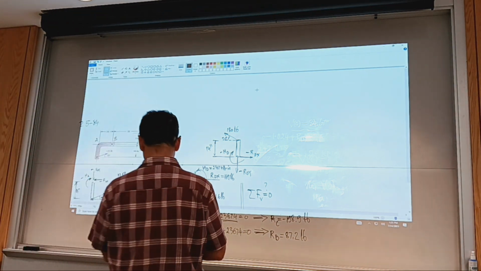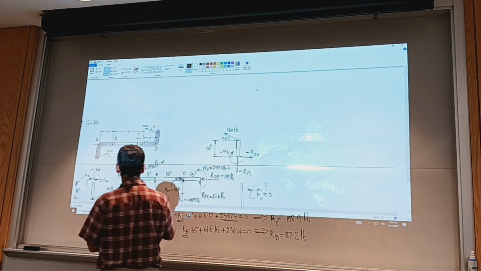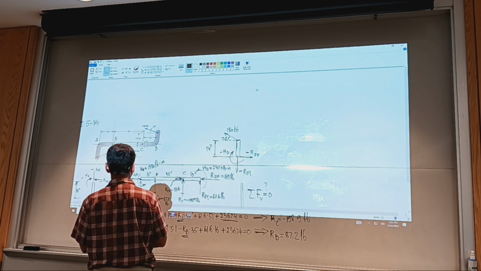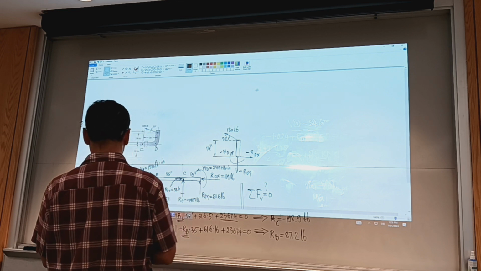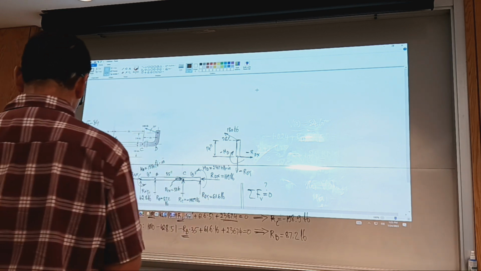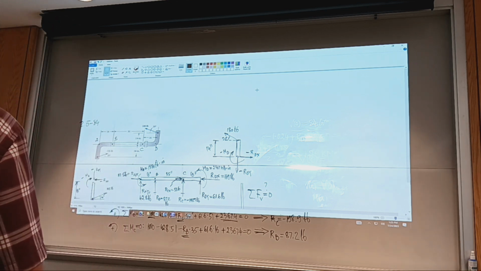I have a residual 7.3. Did my roundup propagate that horribly? Or we missed something? It's too big. 7.3 pound difference.